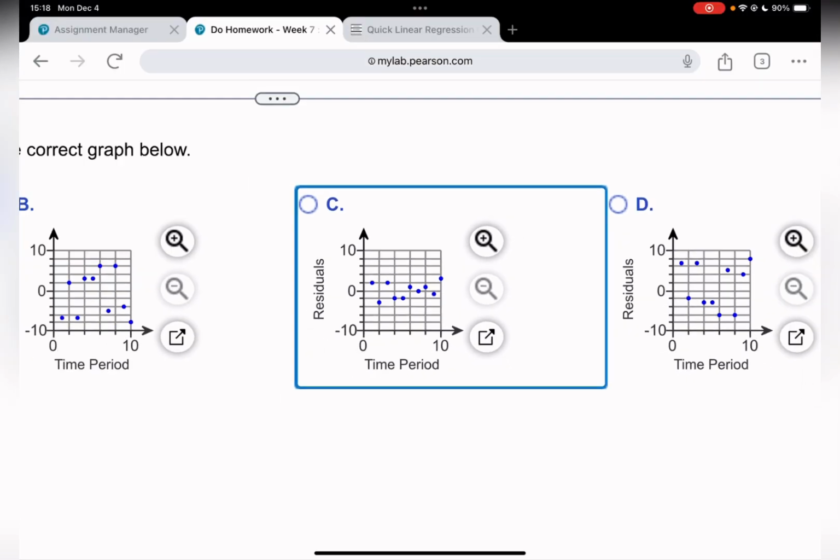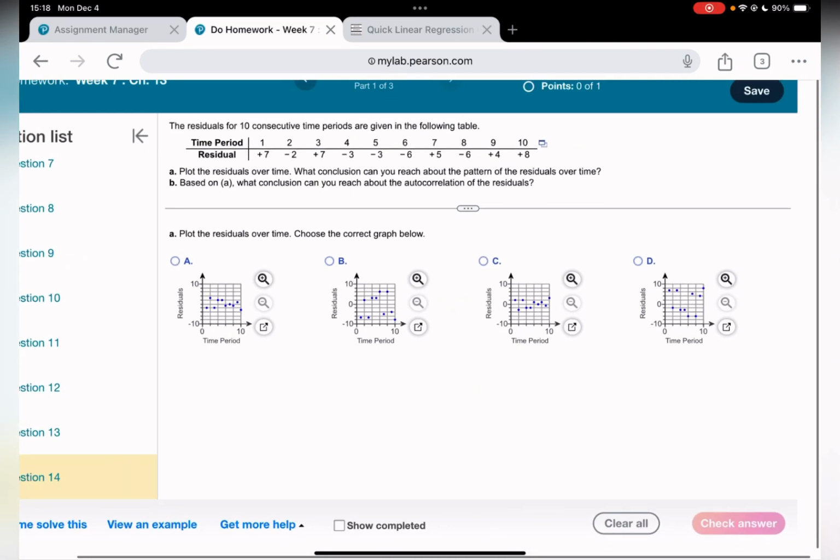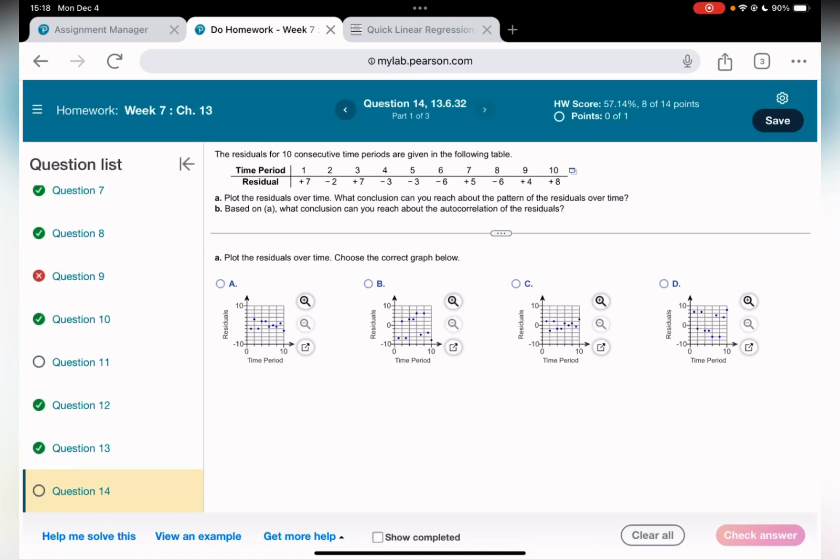No. Either you can go by these points, or you can place the data in the regression line calculator to get the scatter plot, remember? Your time period will be x and residual will be y, and it will give you your scatter plot.